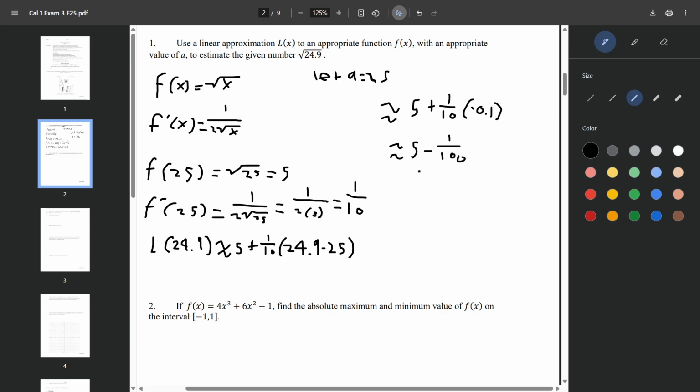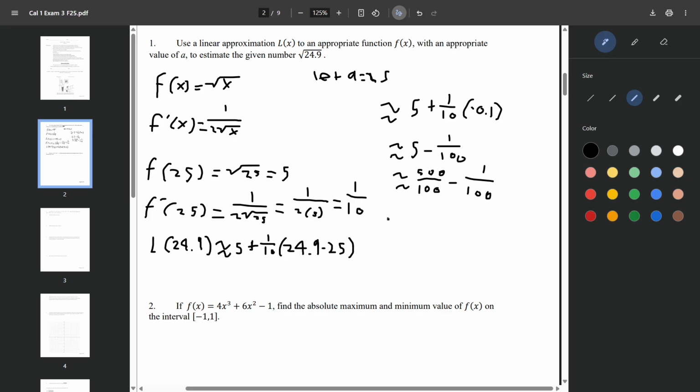Once we multiply this, we're going to turn this 5 into a fraction. So we're going to have 500 over 100, minus 1 over 100.